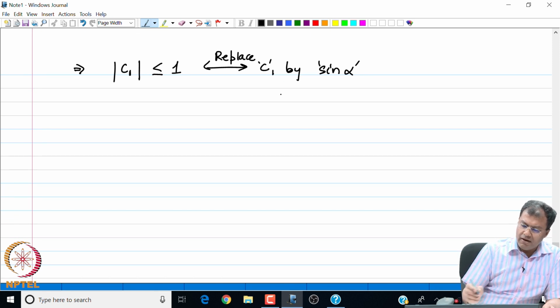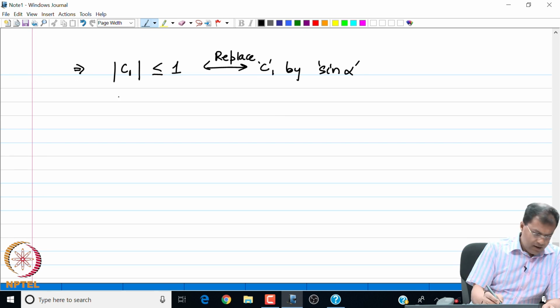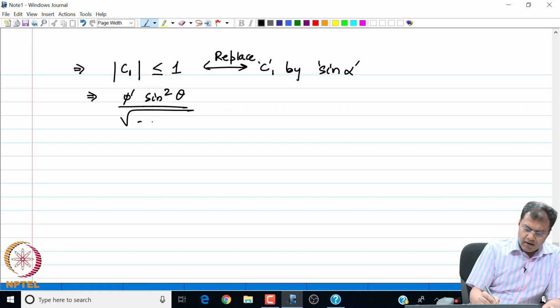We will soon see why we are doing that, and from here let me rewrite my equation for the extremal. We see that phi prime sine square theta divided by whatever was written in the denominator is equal to C1. So, I am just recalling here.